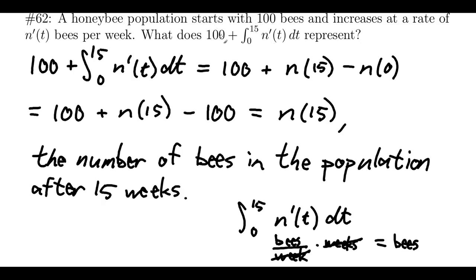So we're starting at 100 bees, we're adding the amount of change from 0 to 15 weeks. What we end up with should be the final value after 15 weeks, so the number of bees in the population after 15 weeks. That's a way to get that by reasoning through the concepts of what this means. Here's a way to do it numerically and symbolically, invoking the net change theorem. Whichever way you want to think about that. Those are a couple different ways to view this problem and interpret what's going on.